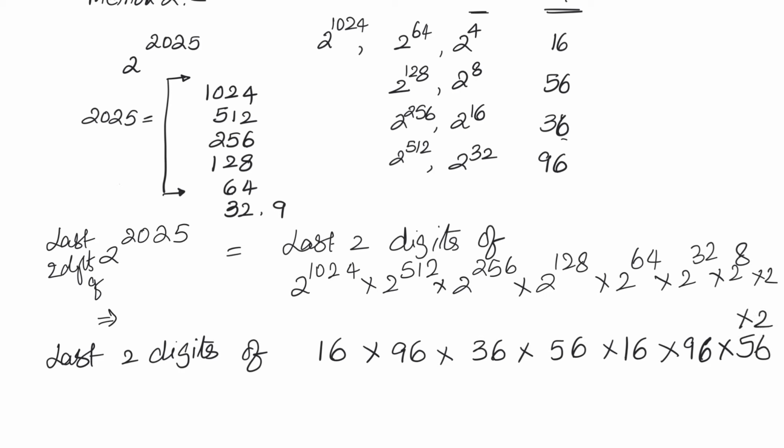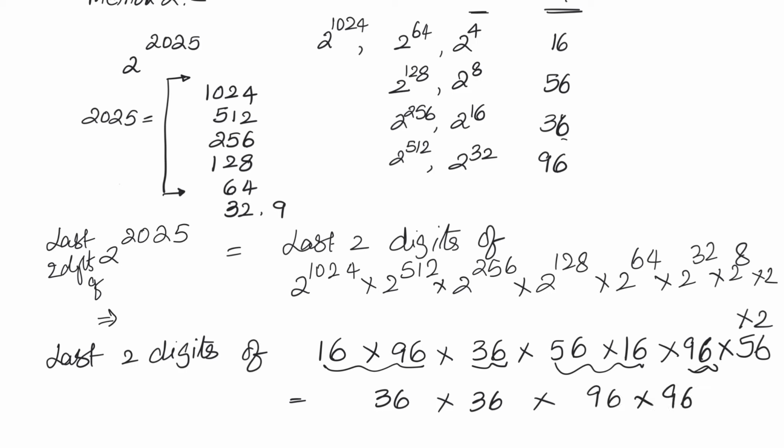Let us simplify this. First look at 16 into 96. That ends with 36, so we have 36 into 36 there. Similarly, 56 into 16 ends with 96, and we have another 96 there. Then we are left with 56 into 2.